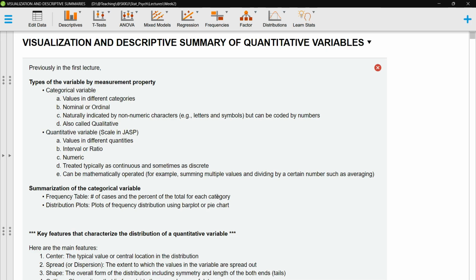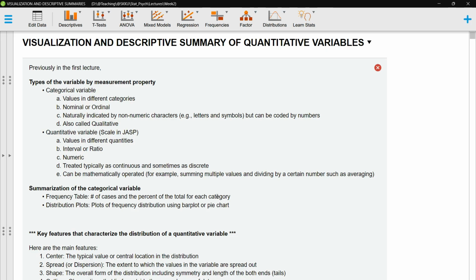Again, we can still use them to visualize the characteristics of the frequency table using bars or pie chart. So we can use a bar chart or a pie chart for the frequency distribution, right?